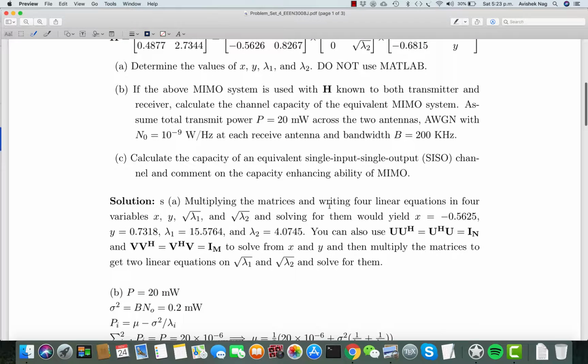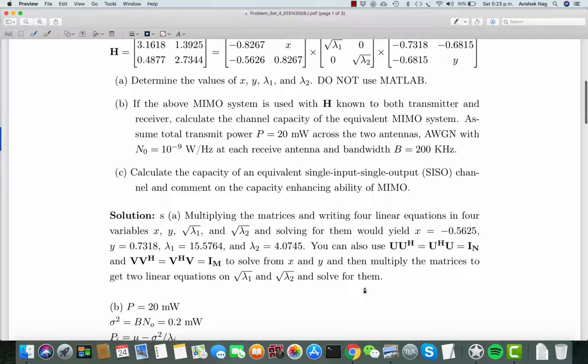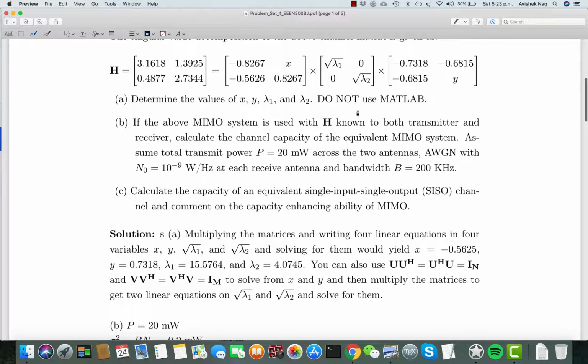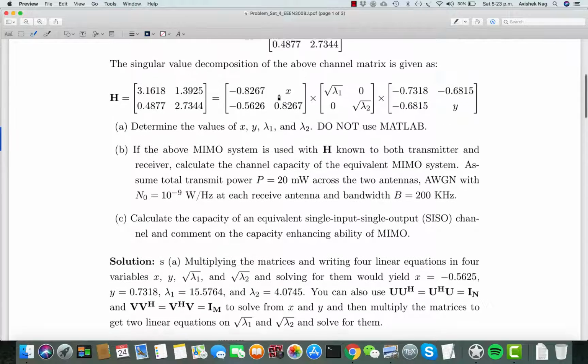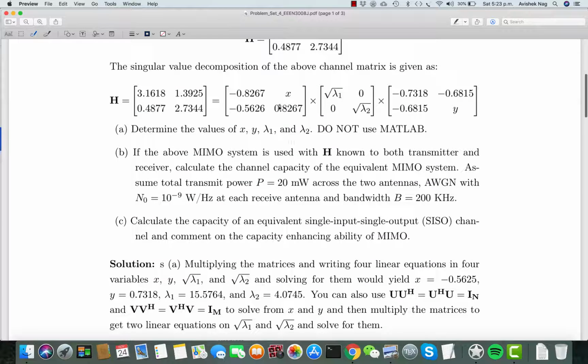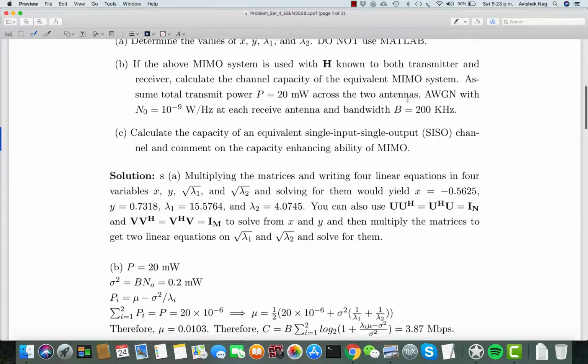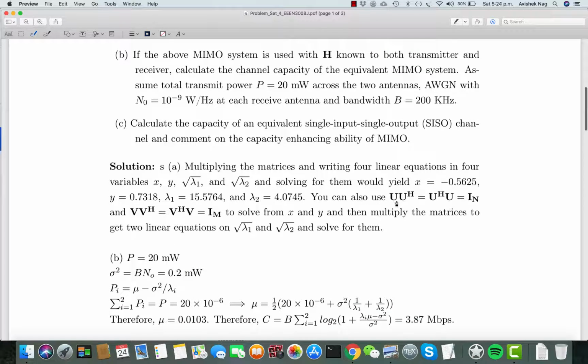But then also you can use the property of the decomposed matrices. So this is your U matrix and this is your V matrix. The singular value decomposition of H is given as U D V. You can use the properties of the U and V matrices, which are basically unitary matrices.